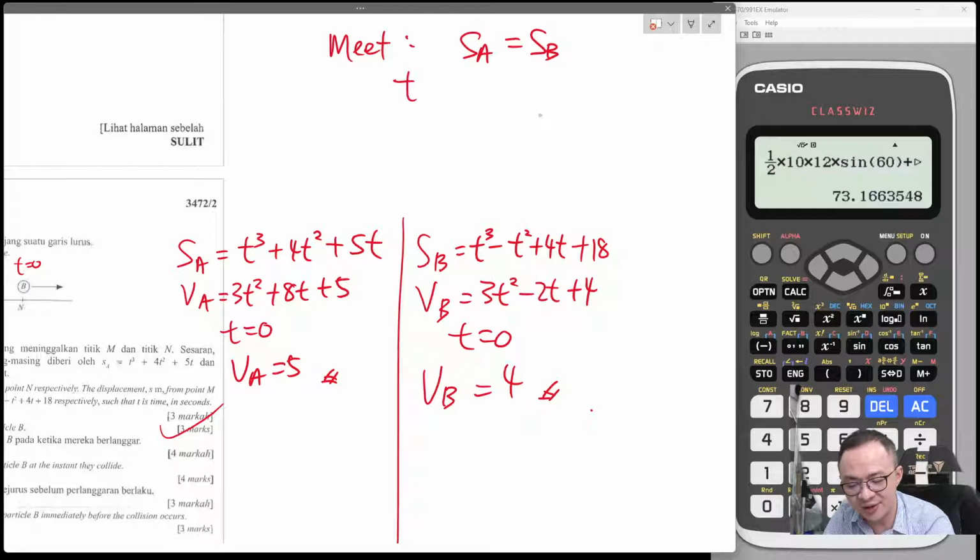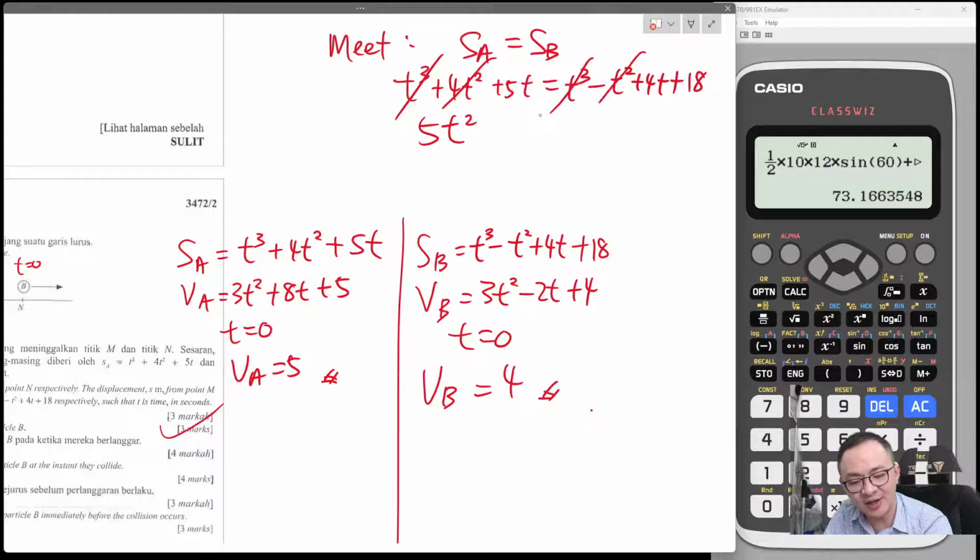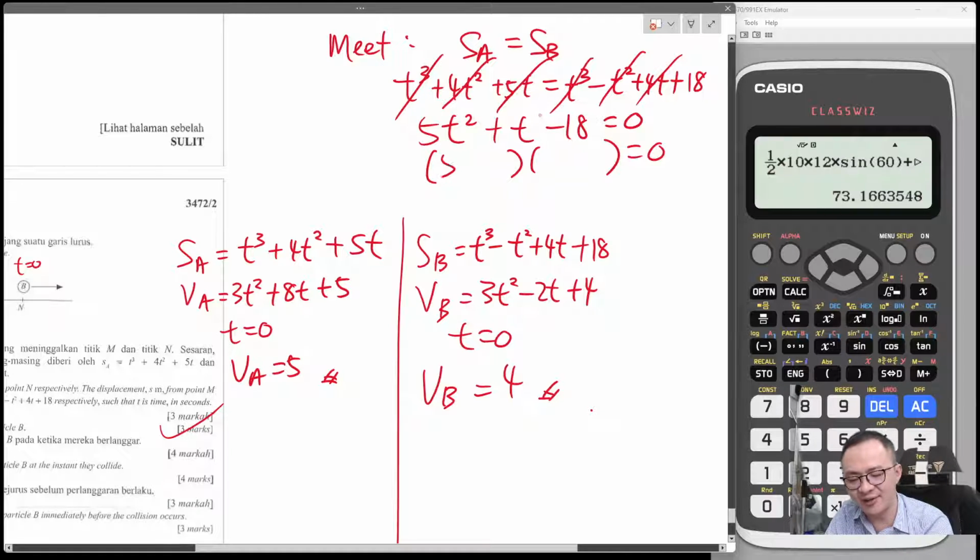So let's solve this one: t cubed plus 4t squared plus 5t equals t cubed minus t squared plus 4t plus 18. t cubed and t cubed I cancel. 5t squared plus 1t minus 18 equals 0. I hope I can factorize it. 5t and t.